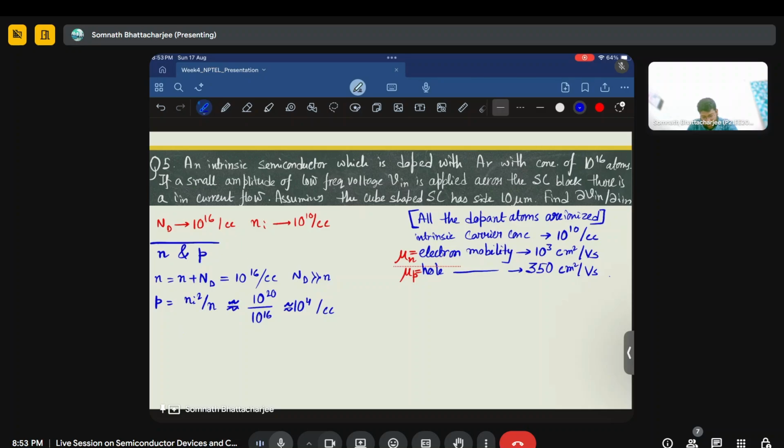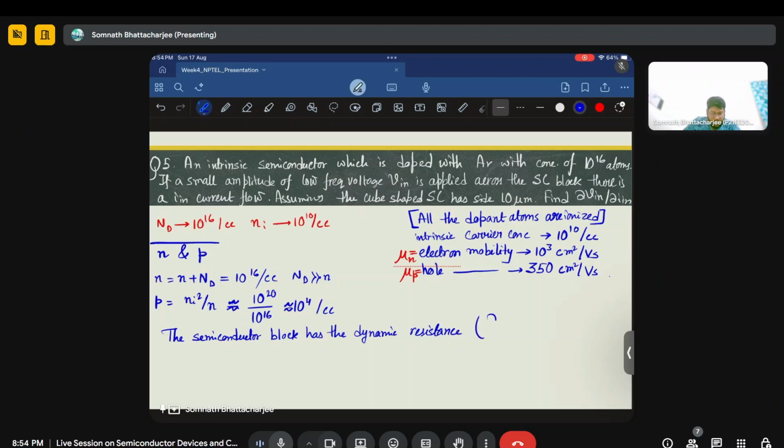So from this, let's write that the semiconductor block has a dynamic resistance.